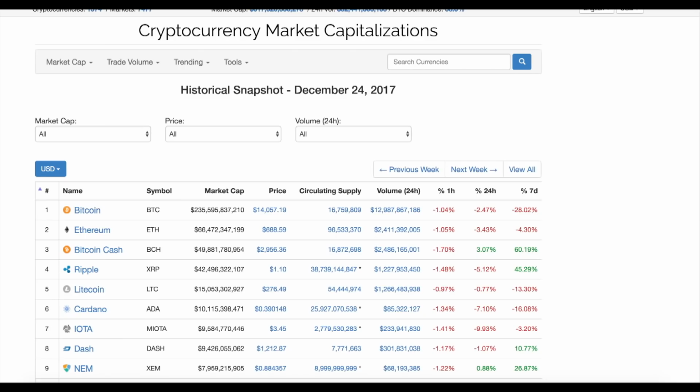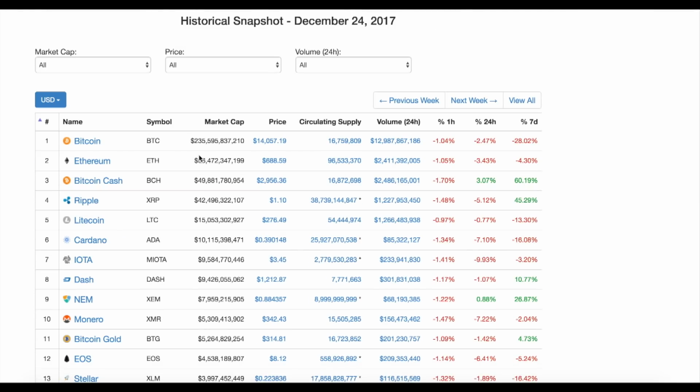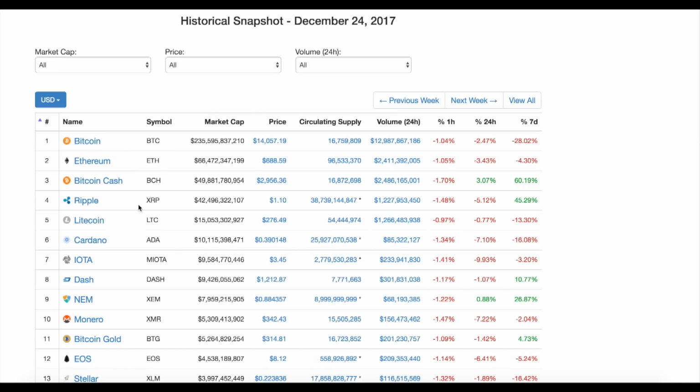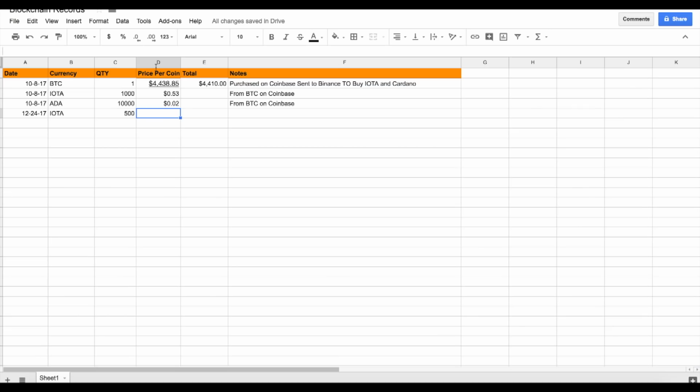So let's say 12/24, we sold our IOTA. Or no, let's just say we sold 500 of these because we're going to hold 500 for the long haul, right? So we sold 500 at 345. Sold IOTA.